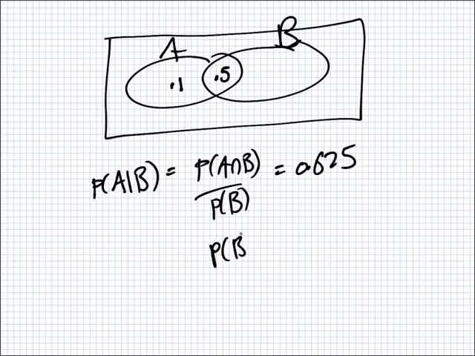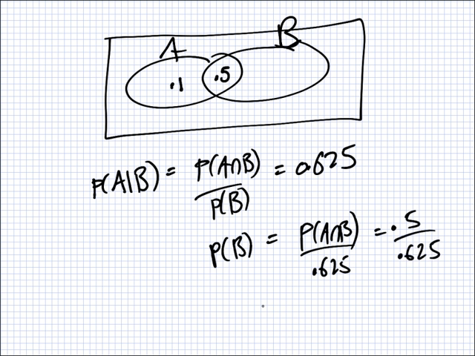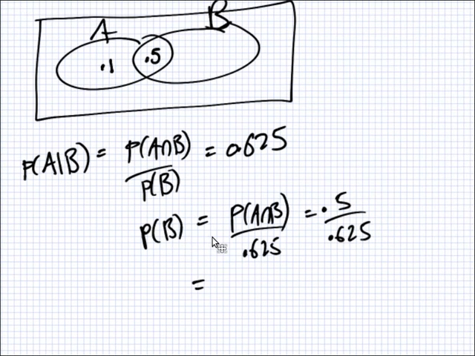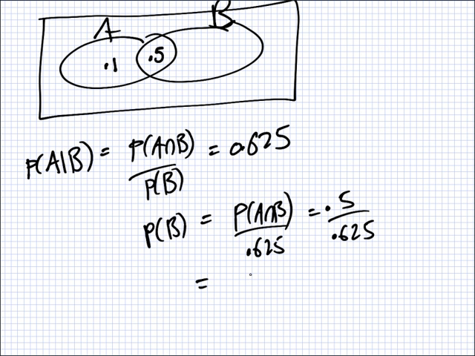So that means the probability of B is equal to A and B over 0.625, which equals 0.5 over 0.625. What's that there, please? Four over five, so 0.8. So if the probability of B is 0.8, then that must make this piece here 0.3, which makes this piece here finally 0.1.